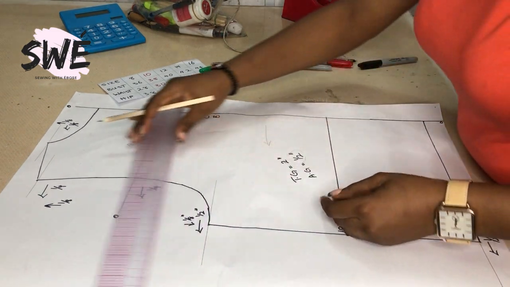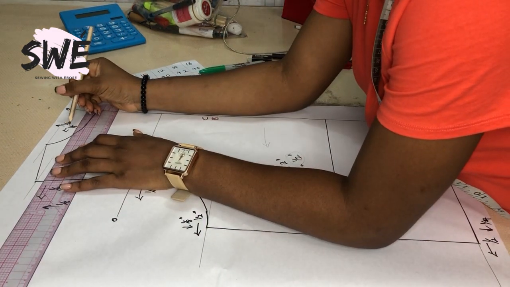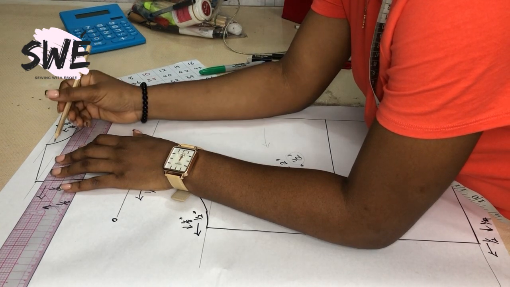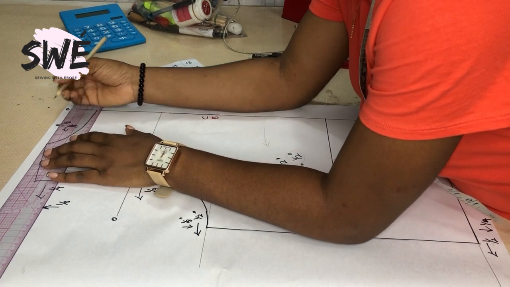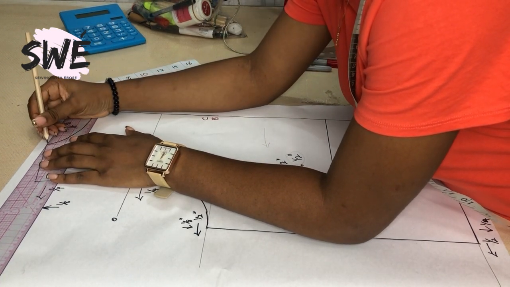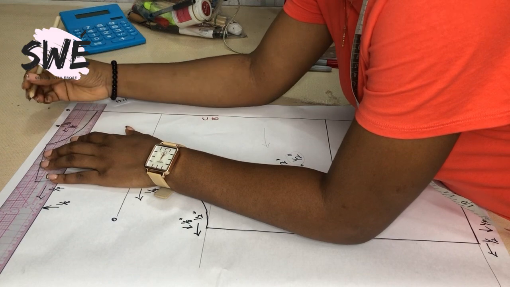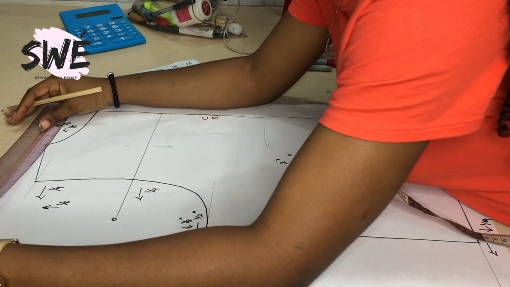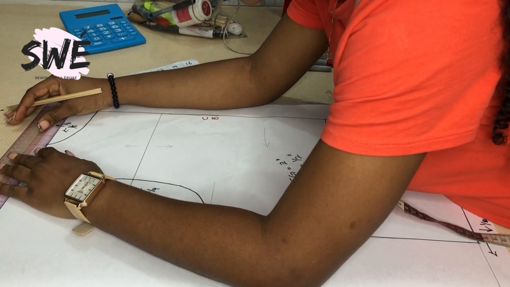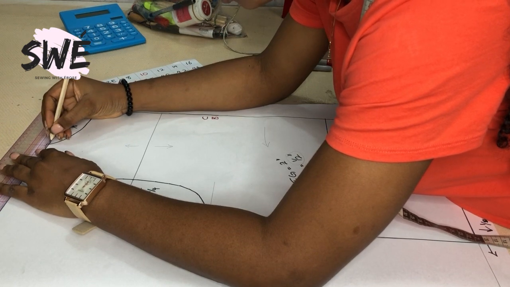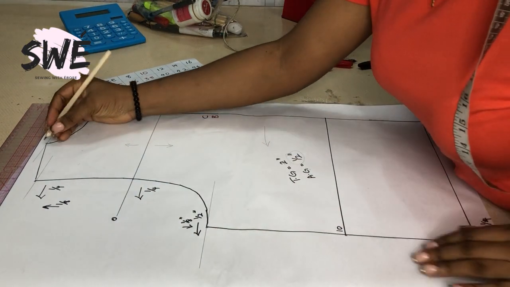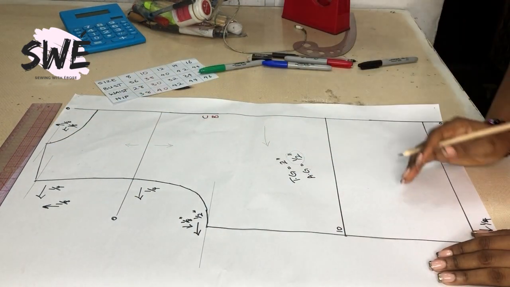So increasing this pattern here for the high neck point is taking it out 1/8. So to reduce it, we are going to come in 1/8 of an inch and down 1/8 of an inch. So I have that point there.